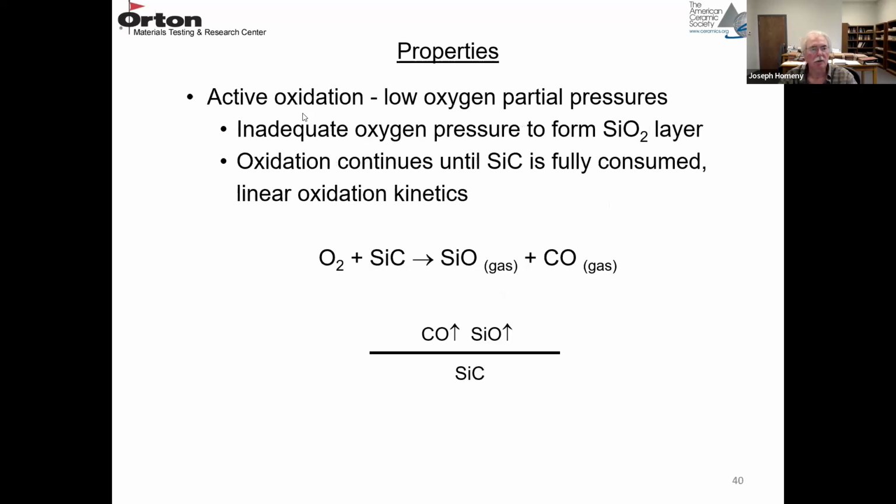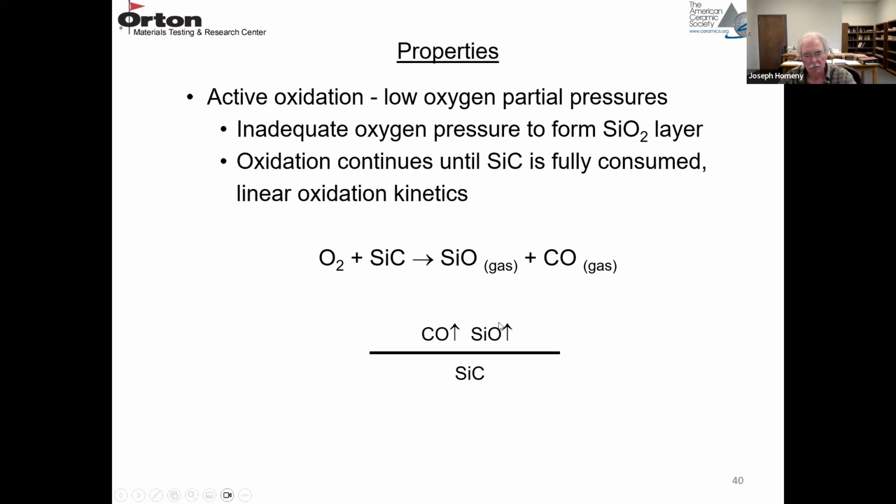The other possibility is active oxidation. So if you have very low oxygen partial pressure, you don't have enough oxygen present to form SiO2. So in this case, oxygen plus silicon carbide forms an SiO gas and CO gas. So here's your silicon carbide material. It's reacting with oxygen.